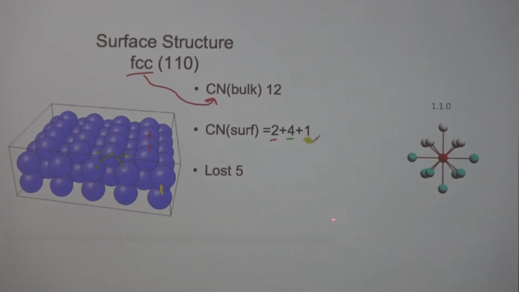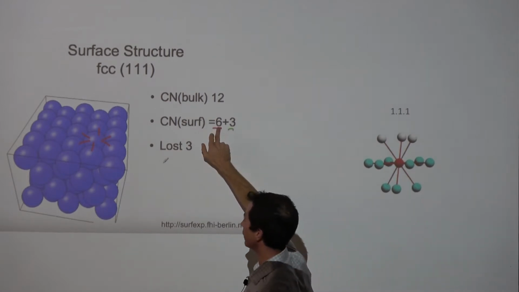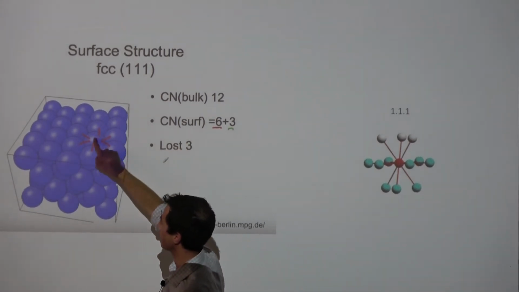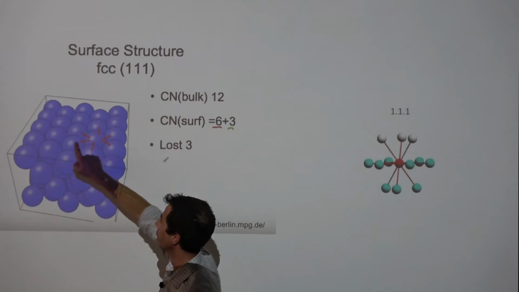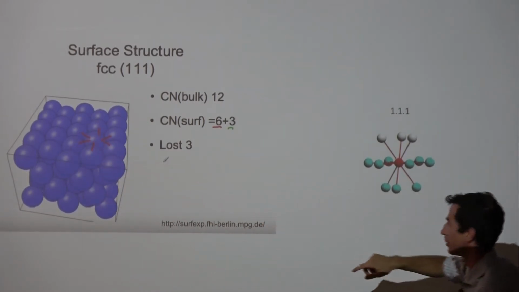Okay. 5 lost in a 110 for an FCC. This one, now, of the 111 plane, this part's really easy. The 6 that it's sitting on next, there are 6 neighbors in the same plane. 1, 2, 3, 4, 5, 6, right?